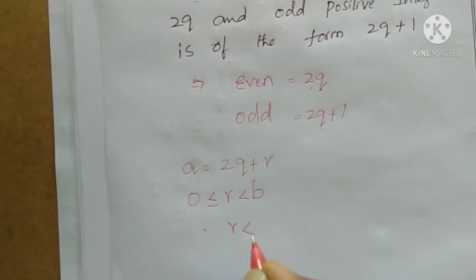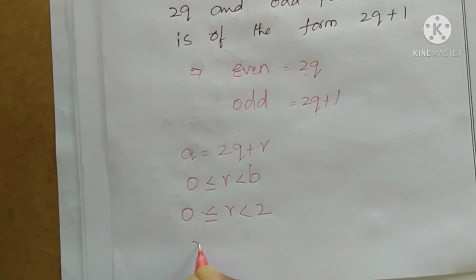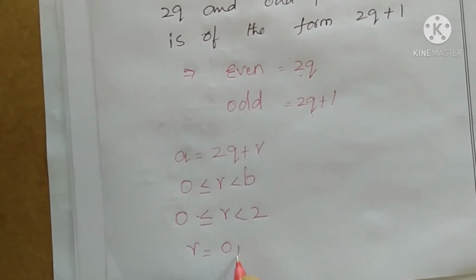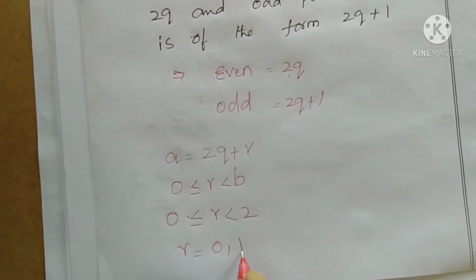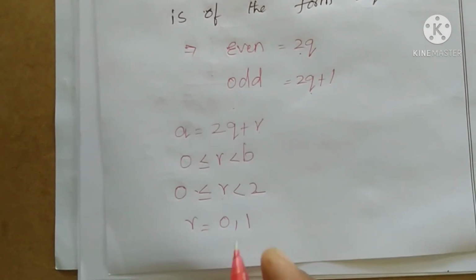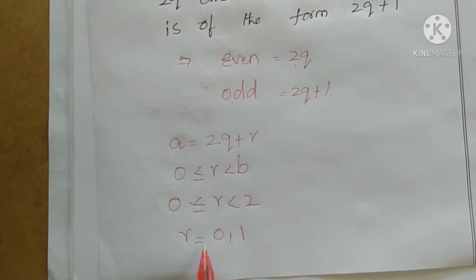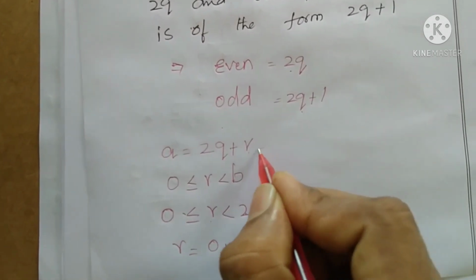Here b is equal to 2, and r is greater than or equal to 0. So the possibilities for r are 0 and 1, since r is always less than 2. So r is equal to 0 or 1. Substitute these remainders in the equation.